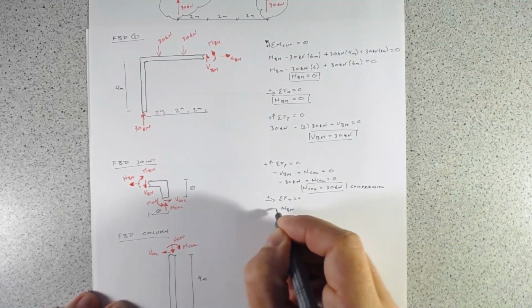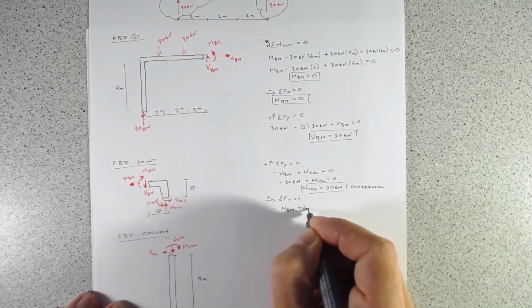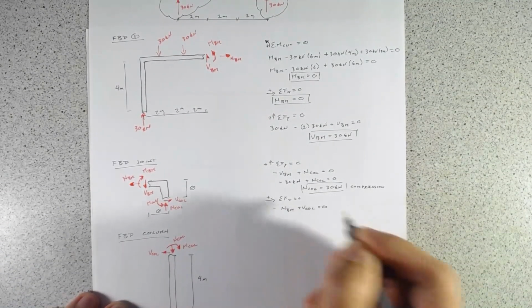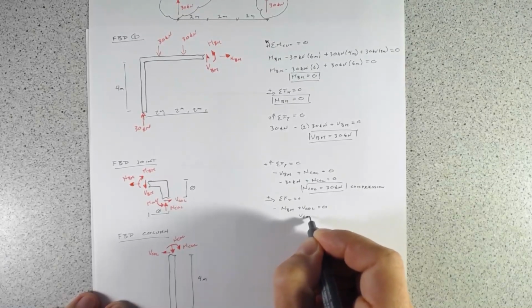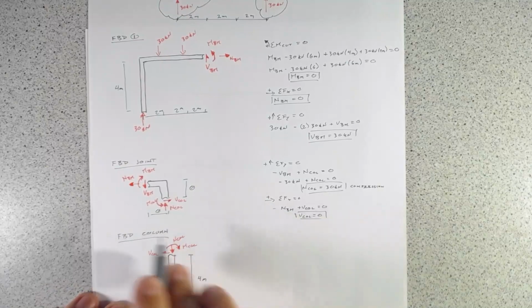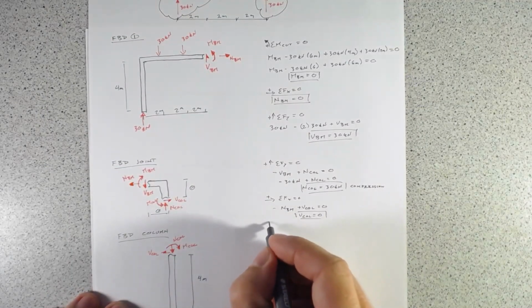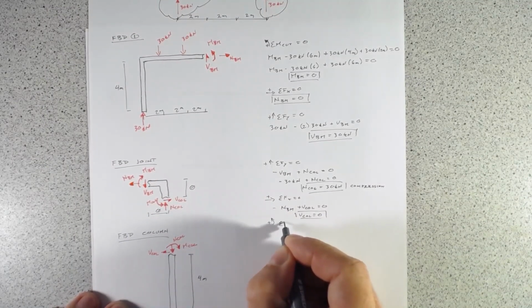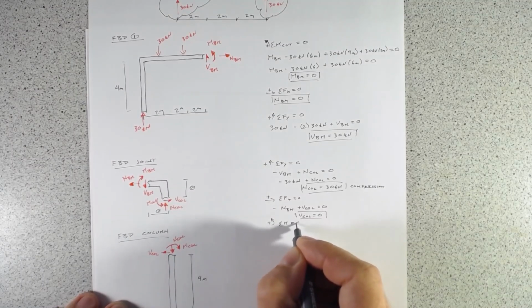NBM plus V column equals 0, so V column equals 0. And then finally, sum of the moments equals 0.